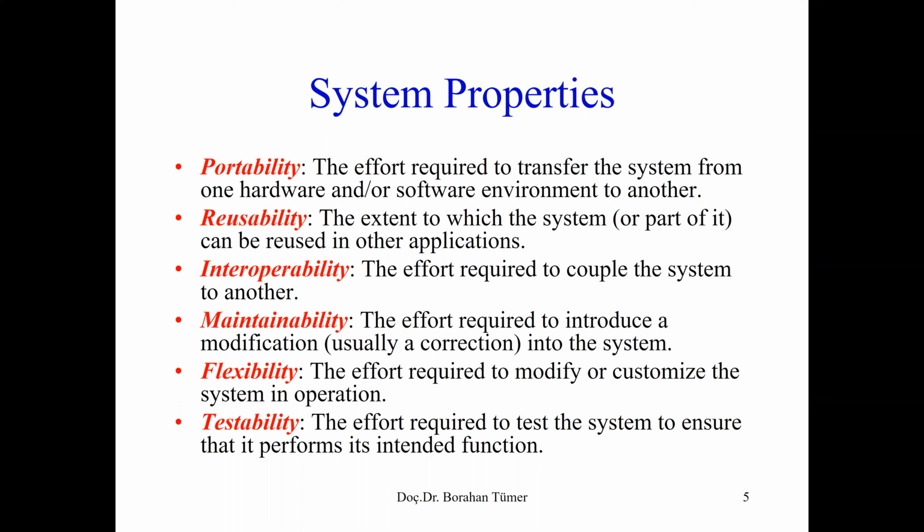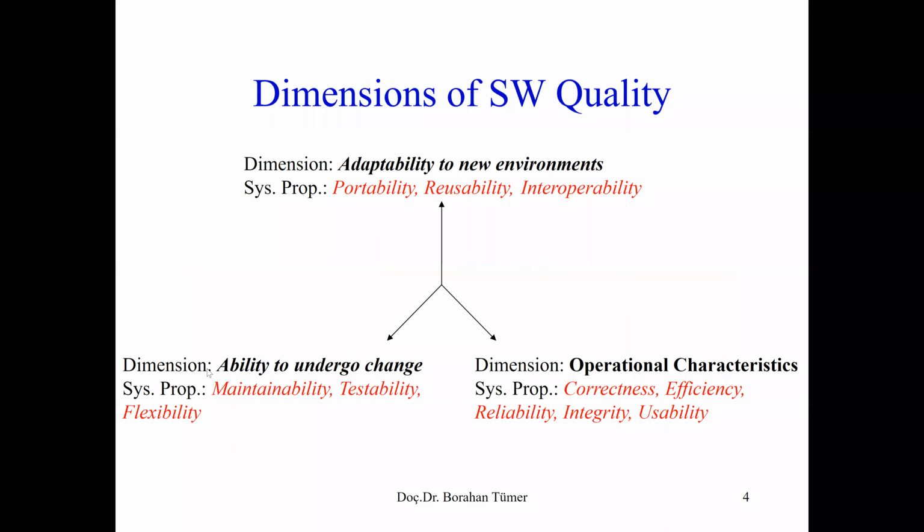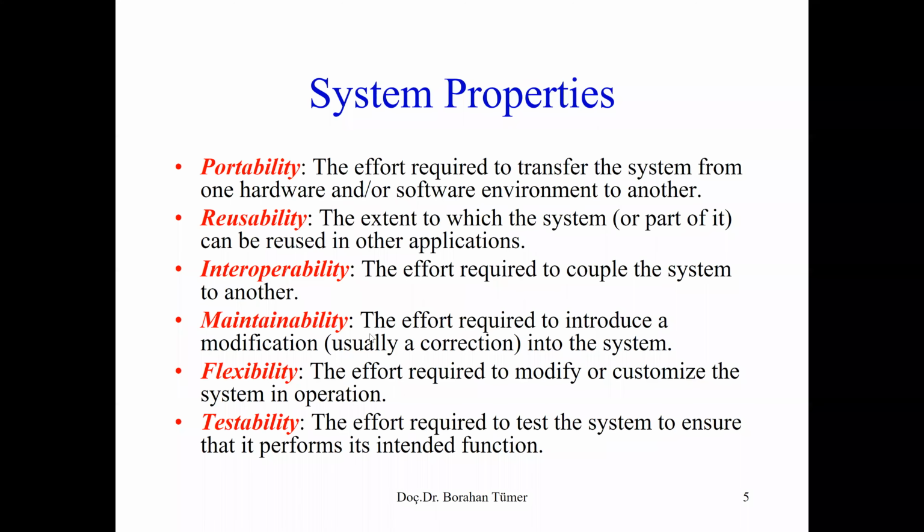Sometimes it is a change that is demanded by the customer to be made to the system. Okay, this is a system property related to the ability of the software product to undergo change.